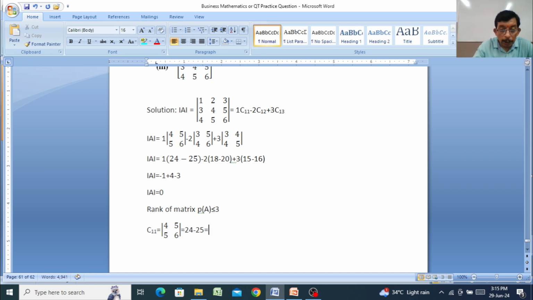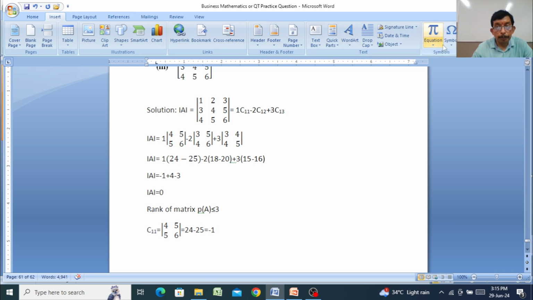The value of the determinant is minus 1, which is non-zero. Hence the rank of the matrix is 2, because the order of the highest non-zero determinant is 2, then the rank of matrix is 2.